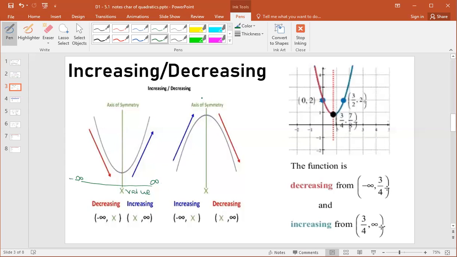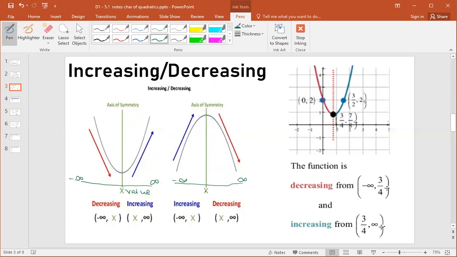All right, the same thing happens if it's turned upside down. You're still identifying that axis of symmetry, which is that reflection line. You're looking for the x value. And if we wrote our negative infinities and positive infinities here, from negative infinity until it reaches x, this is the section that is increasing, that is going up. We're not looking for the point up here.